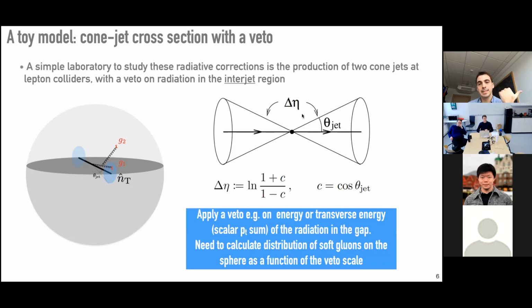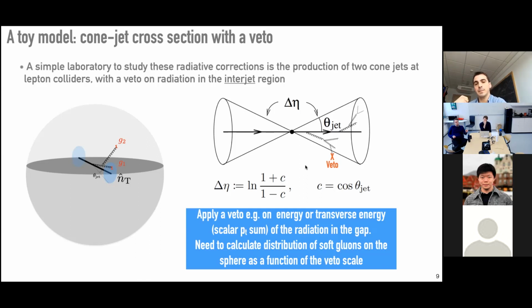What that means is that you can have any sort of emissions with any hardness inside the jets, but as soon as one parton goes inside this slice, this interjet gap, it gets vetoed. So we require its energy or transverse momentum, in this case, to be smaller than a certain threshold V. And to solve this problem, what we want to have is the fraction of events that survives the jet veto.